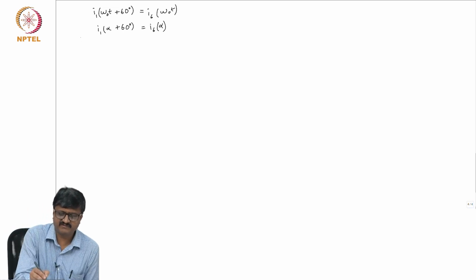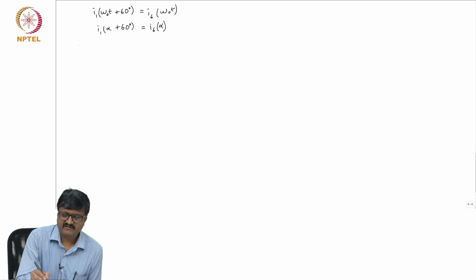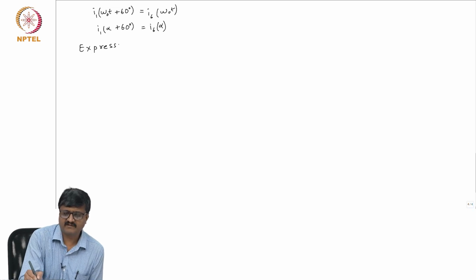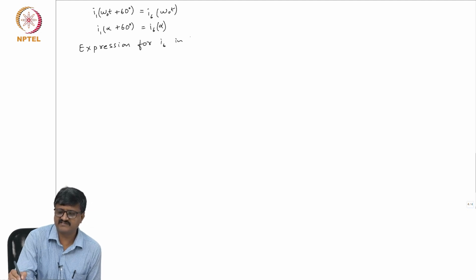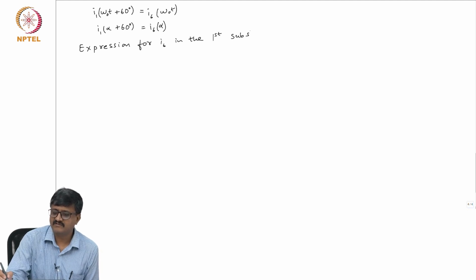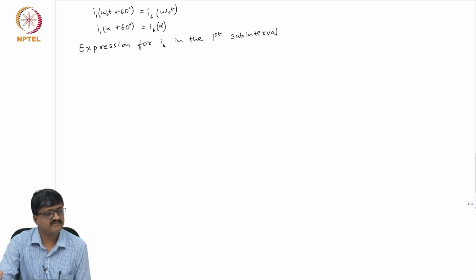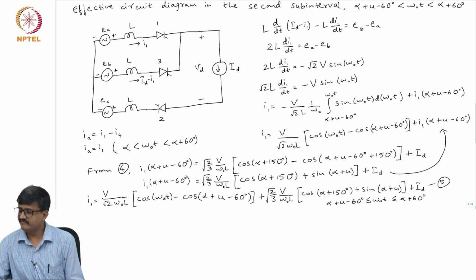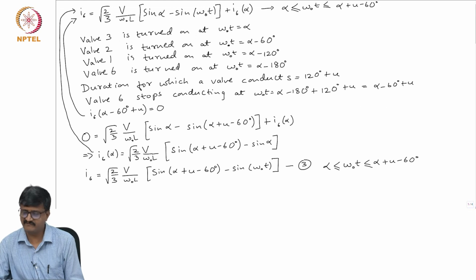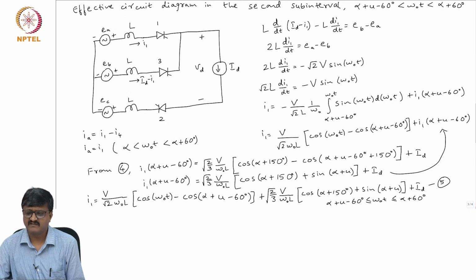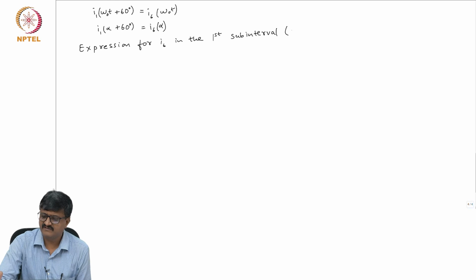See, what I am trying to do is, take the expression for I6 in the first subinterval. If you go back, we got the expression for I6 as equation number 3.